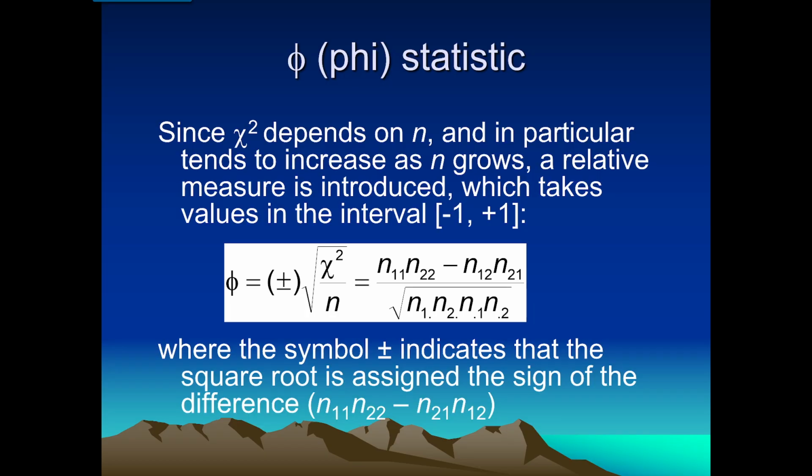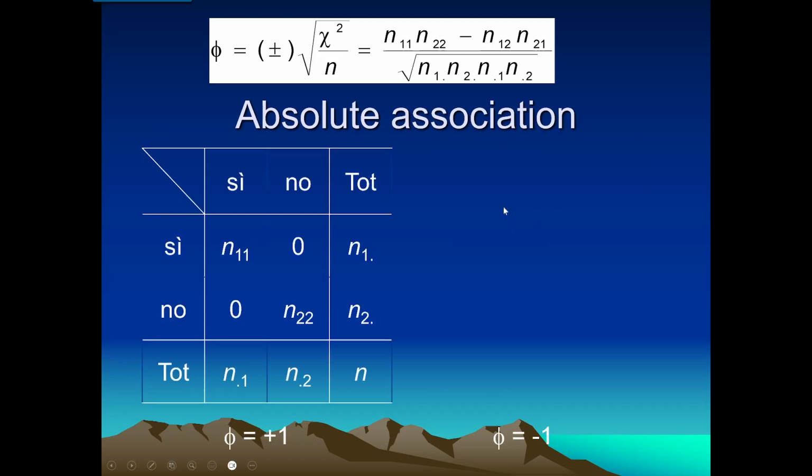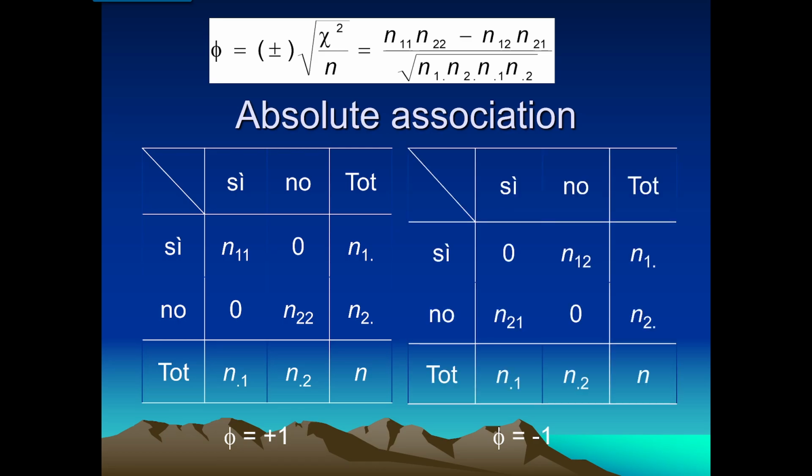And then this is the formula, where there is a plus minus, because the square root is assigned the sign of this difference. So this phi coefficient is in the interval between -1 and +1, and indeed can be interpreted as a correlation coefficient.